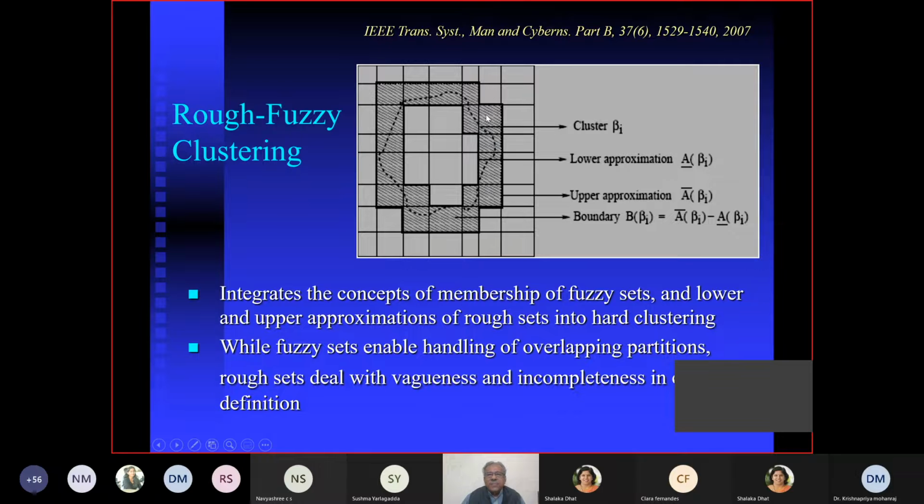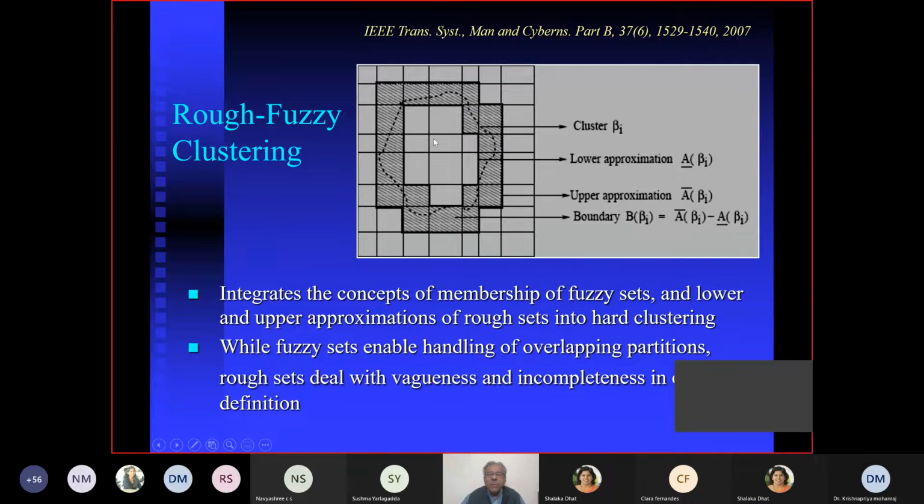In fuzzy clustering, for every element the membership value is a vector, but here, for this lower region, all elements will have membership value 1. But for upper minus lower, we have membership values from 0 to 1.